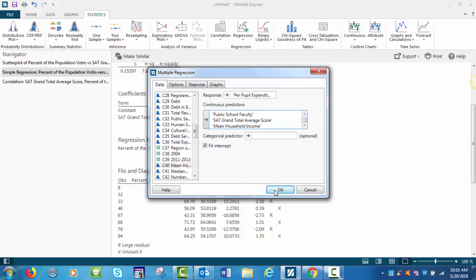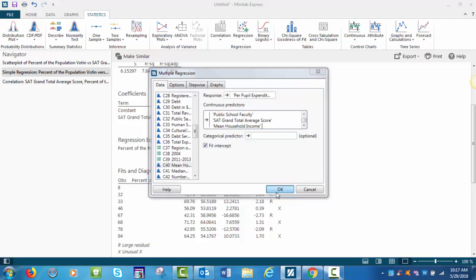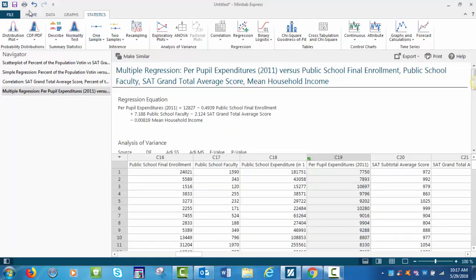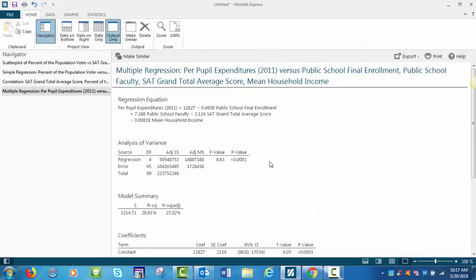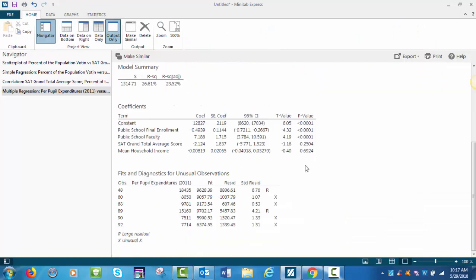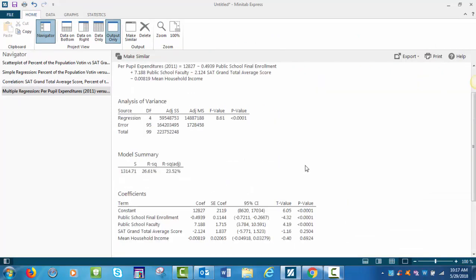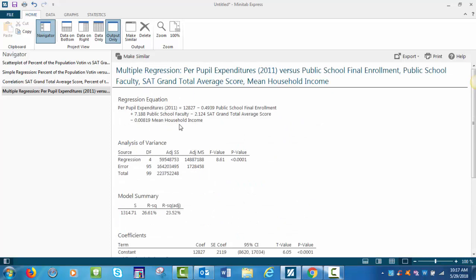Then click OK. Here's the regression equation right here.